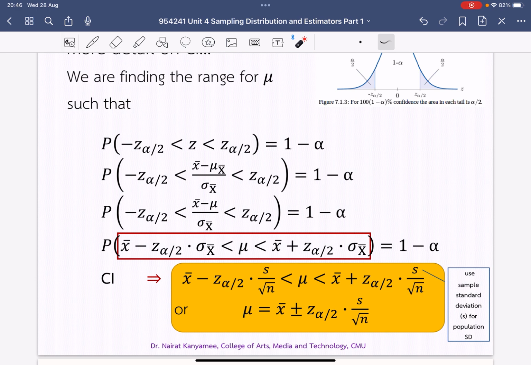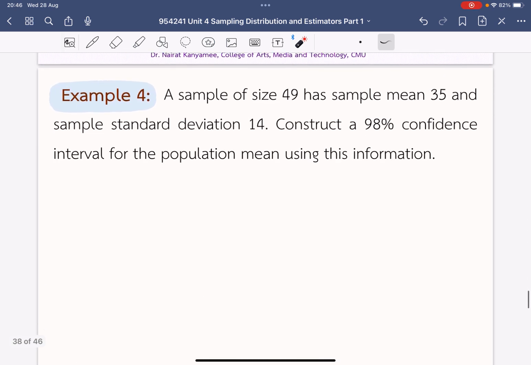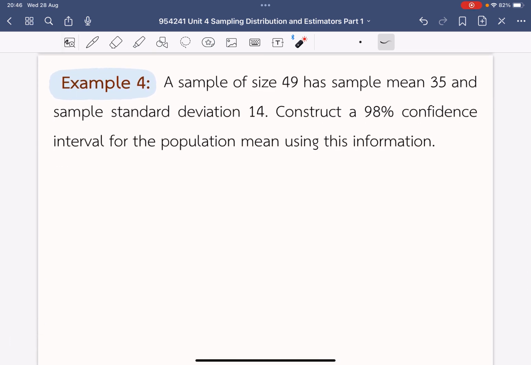It's not that hard. Let's see example 4. We have a sample size of 49, so n is 49, and a sample mean of 35. We don't know the population standard deviation, but we know the standard deviation of the sample, and it is 14.